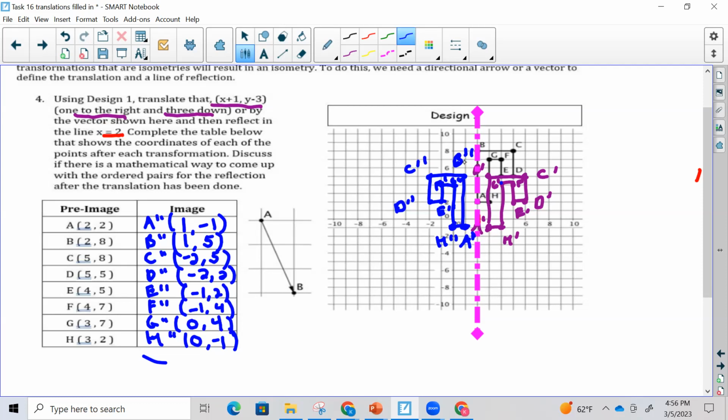And that would be my new image. I'm sorry, this is kind of hard to read the scale with this diagram on here. But this would be my new image.